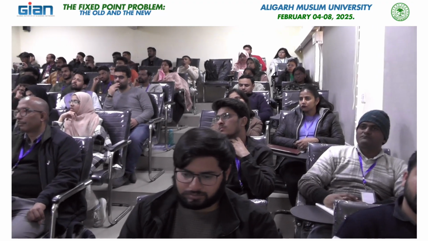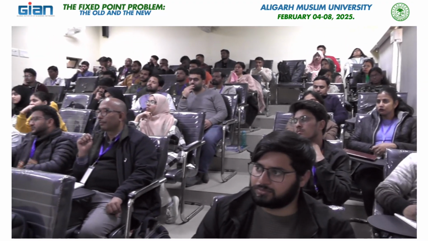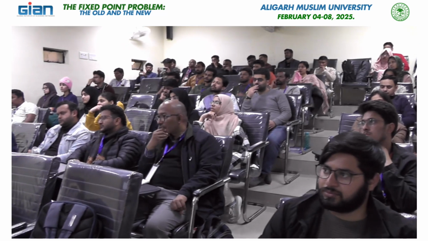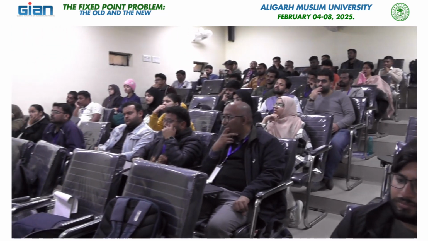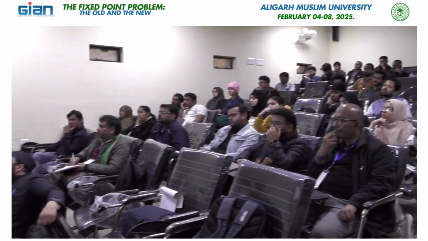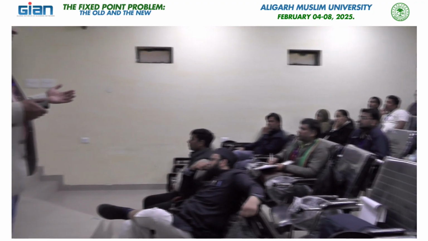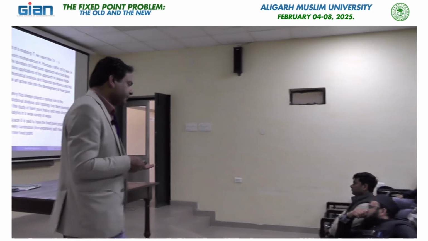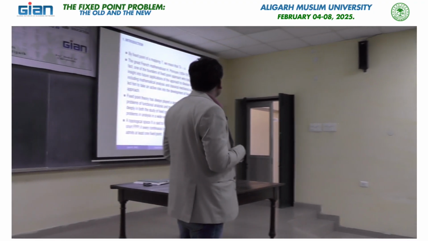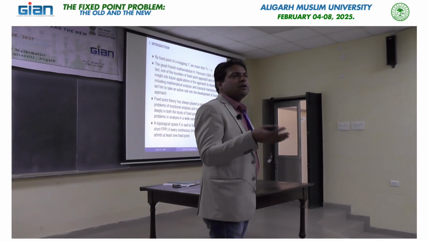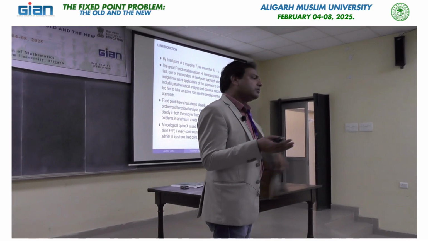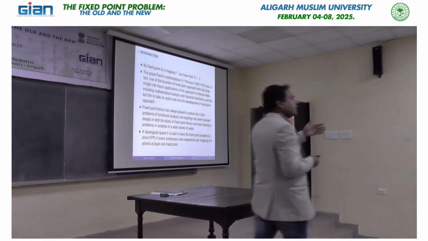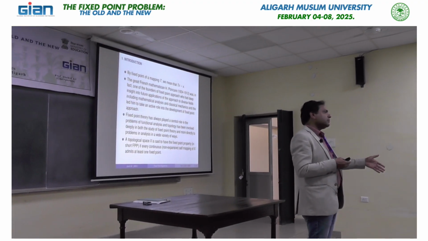Okay, and as we know, this is one of the important branches of modern mathematics. The reason is the application, and of course the mathematical part is very important. We can say this is a bridge between pure and applied mathematics, because on the one side we have very nice, important and deep results in mathematics.